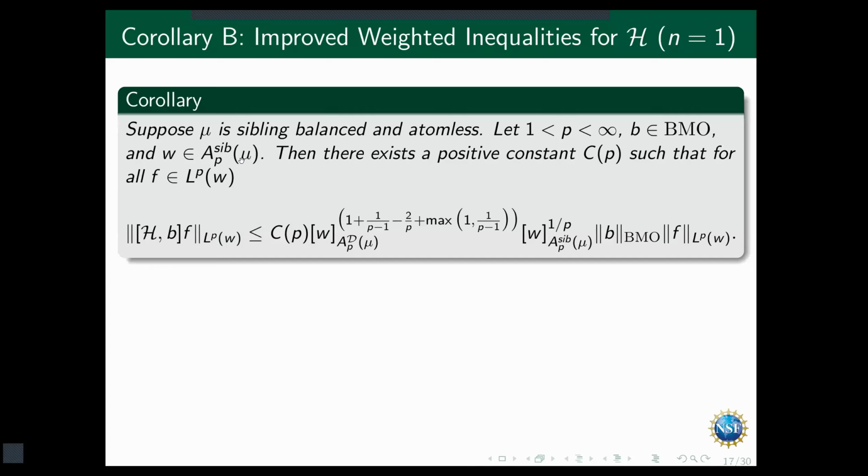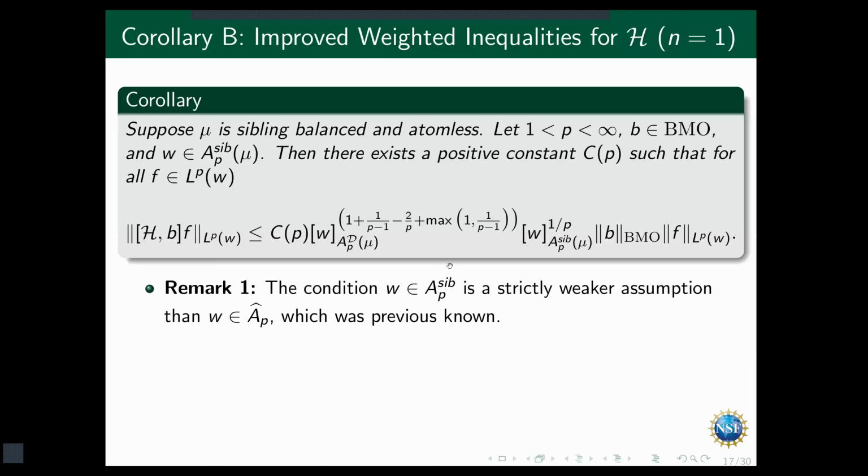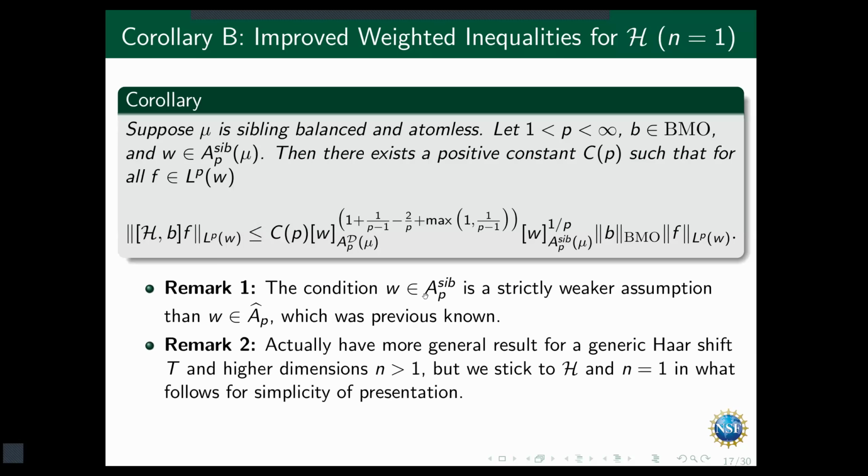And we're able to actually prove weighted estimates on the commutator of a Haar shift, in this case, the dyadic Hilbert transform with B. And this condition, which I haven't defined yet, I will if I have time on later slides.